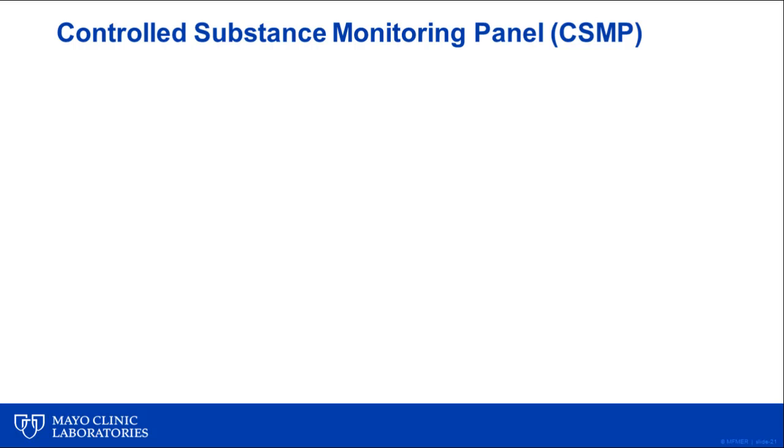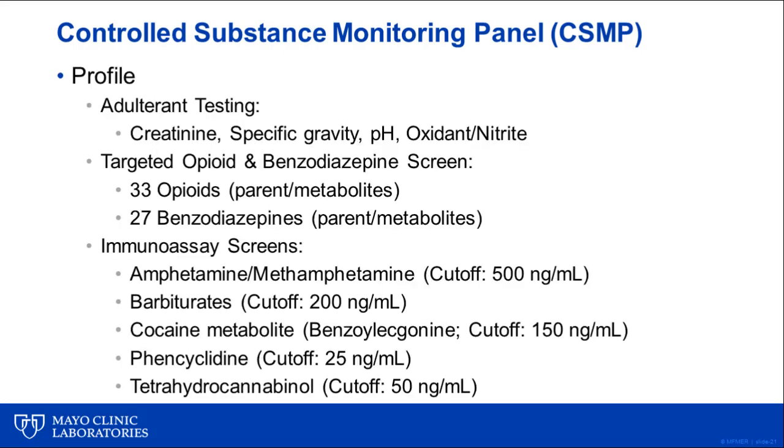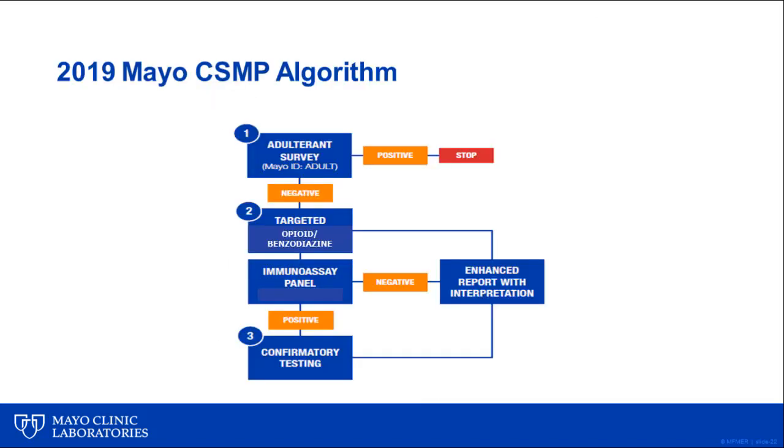In addition to being a separate orderable test, the high-resolution targeted benzodiazepine screen, TABSU, will also be available as part of the new Controlled Substance Monitoring Panel. The Controlled Substance Monitoring Panel starts with adulterant testing, looking at the creatinine, specific gravity, pH, and oxidants. It includes both the high-resolution targeted opioid and benzodiazepine assays, along with traditional immunoassays for common drugs of abuse.